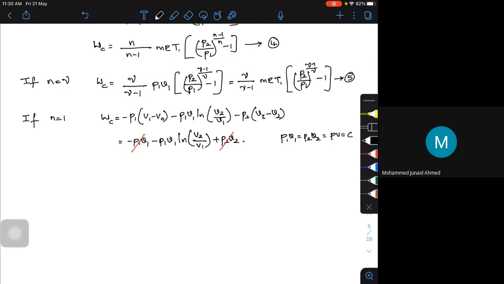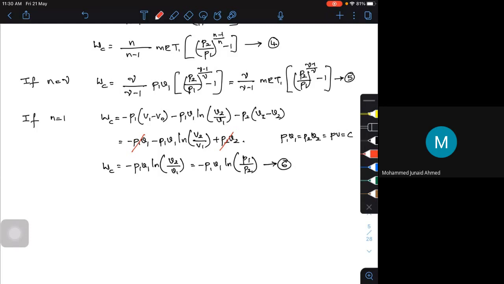So this will become minus P1 V1 ln of V2 by V1, or I can write in terms of pressure, P1 V1 ln of P1 by P2. So this I am calling equation number 6. So this is the isothermal compression.